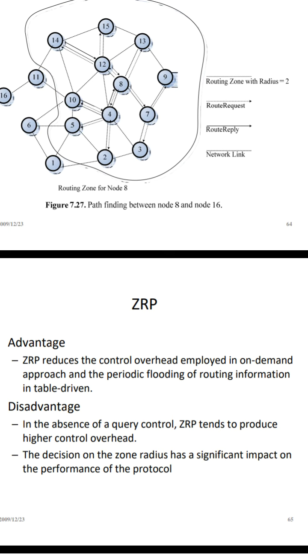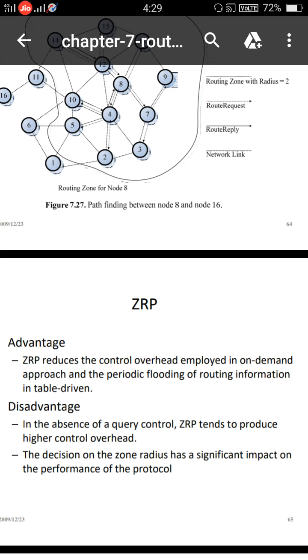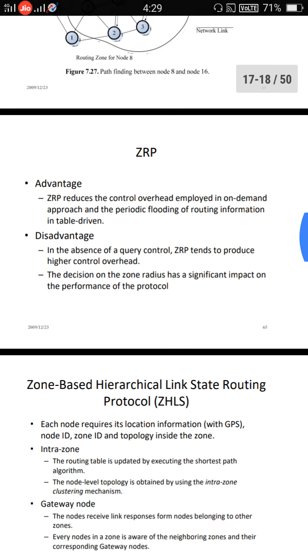And disadvantages: in the absence of query control, ZRP tends to produce higher control overhead, and also the decision of the zone radius has a significant impact on the performance of the protocol. So these are the two disadvantages of the zone routing protocol. Okay, so that is the working principle of the zone routing protocol.